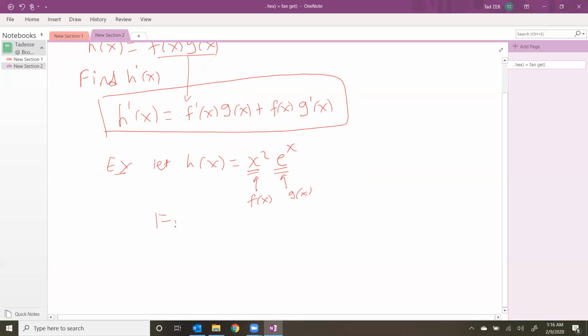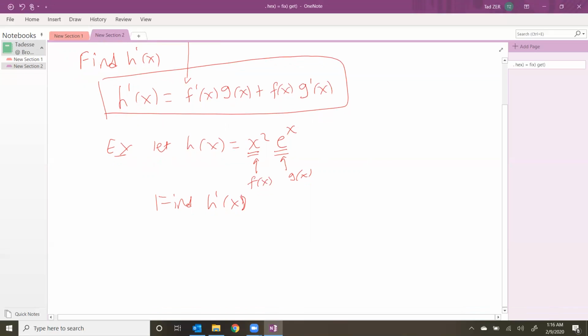Now we want to find the derivative of h, so we'll be using the product rule. h prime at x becomes the derivative of the first, which is 2x, times the second, plus the first times the derivative of e to the x. The derivative of e to the x, as we discussed in the previous section, is itself. So that will be the derivative of the product.